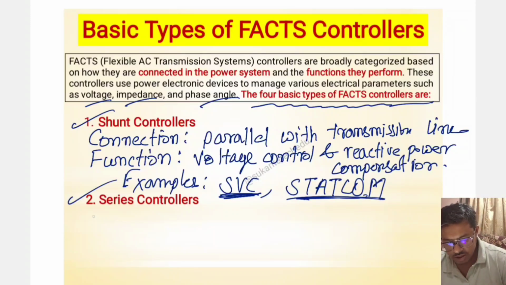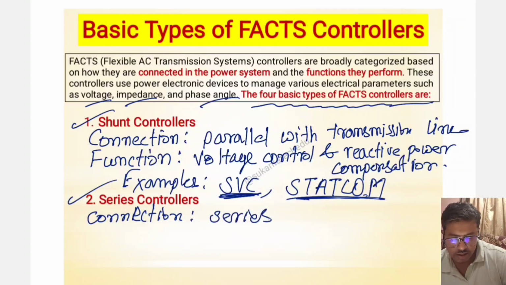Then the series controller. What is the connection? In the case of the series controller, it is always connected in series. And what is the function? This mainly controls the power flow by modifying the line impedance or phase angle.